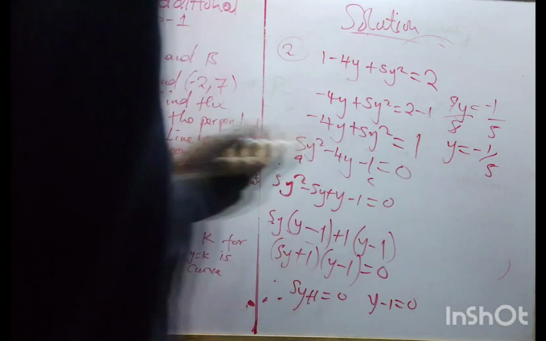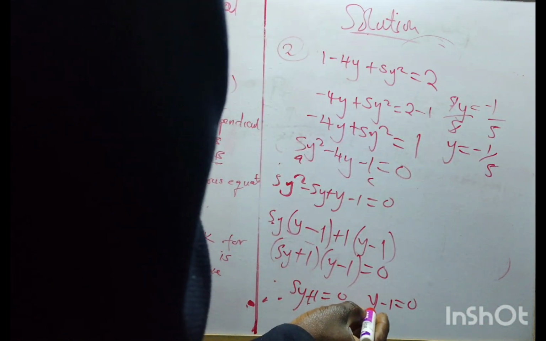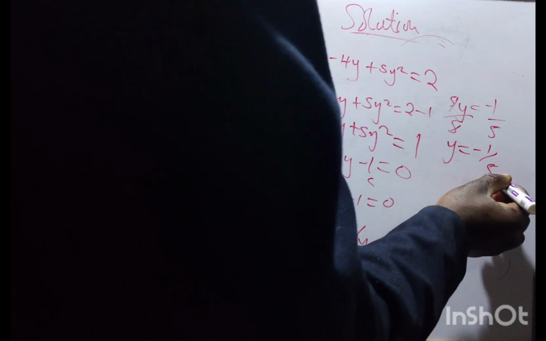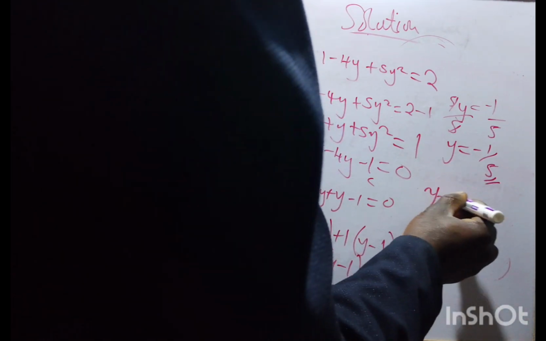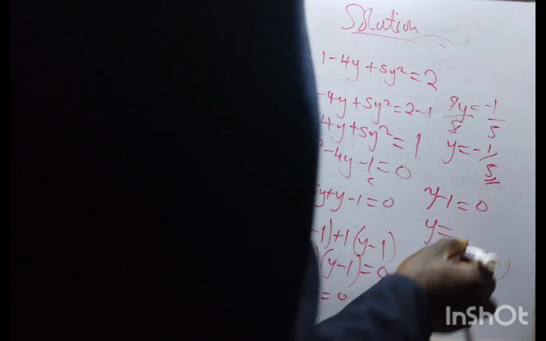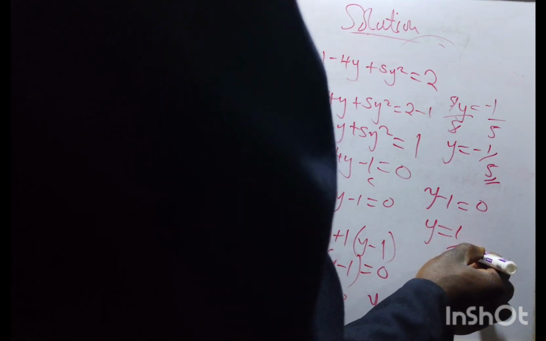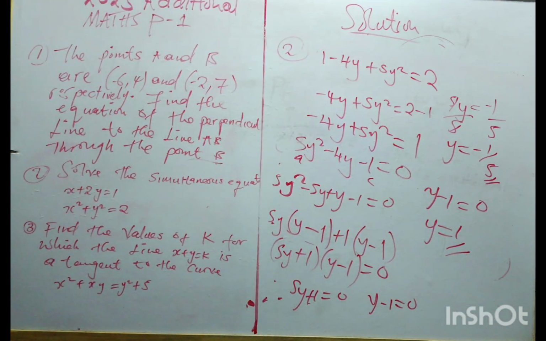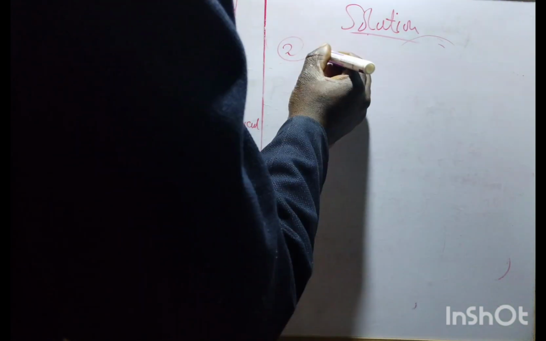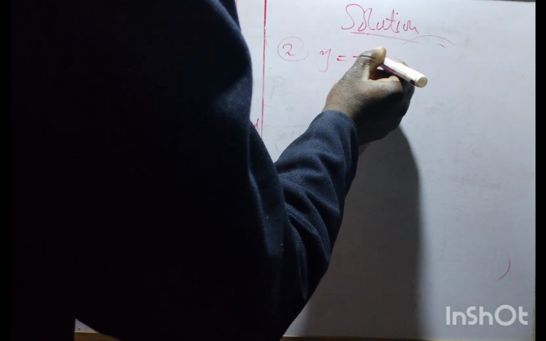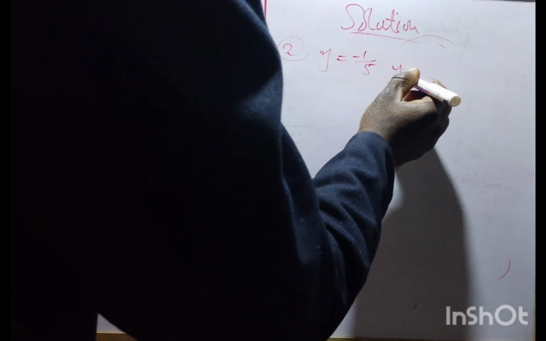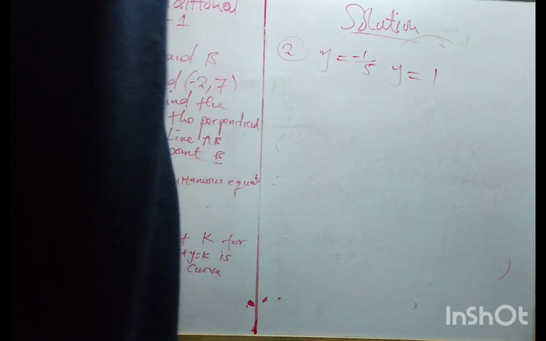So we have found one value for y. Also here we can say y minus 1 equals 0, so when 1 crosses it becomes 1. So these are the two values of y: y equals minus 1 over 5, and y equals 1.